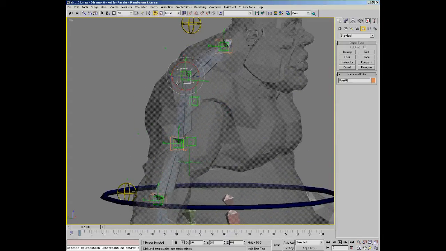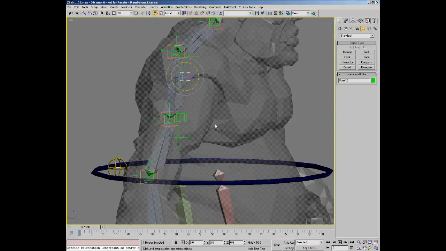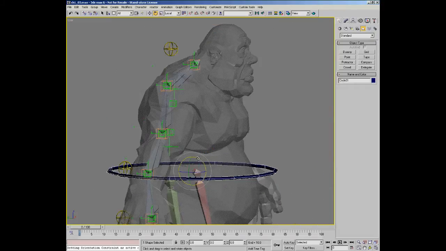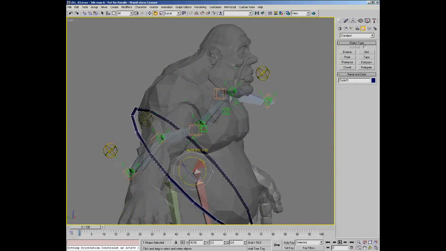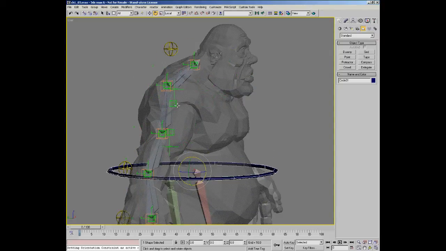An example is here. This object is directly linked to this one. This object is only position constrained between here and here. So this object doesn't actually rotate when I rotate the character's body. You can see that happen. It stays aligned to world space, even though the rest of the rig is rotating.